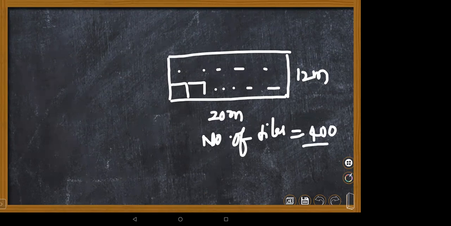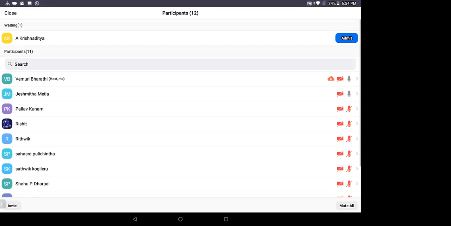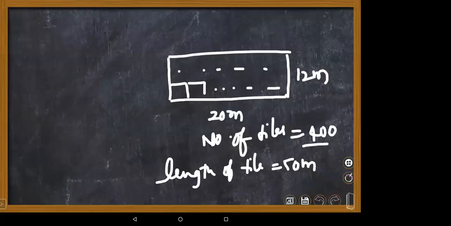Find the width of the tile if the length is 50 centimeters. You need to find the width of the tile. Children, am I audible to you?